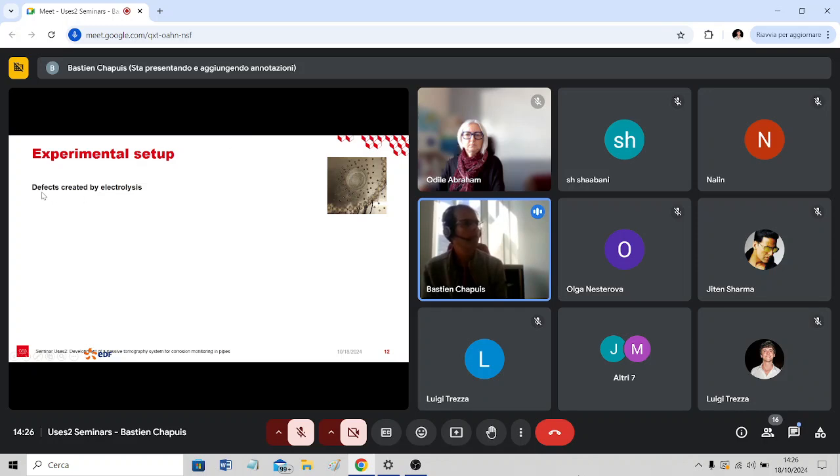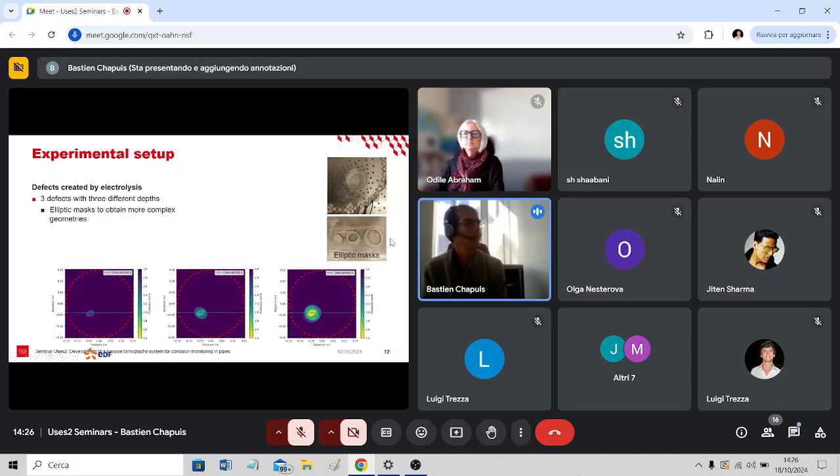Like in the pipe, we created our defect using an electrolysis setup. And in this experiment we created 3 different depths of progressive defect on our plate, using masks to protect the plate against acid liquids that were installed on it.